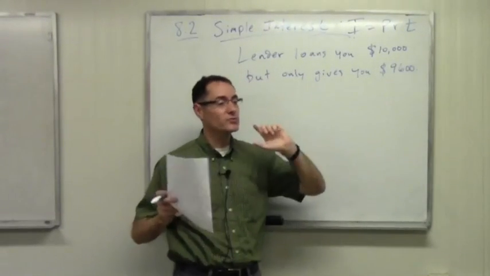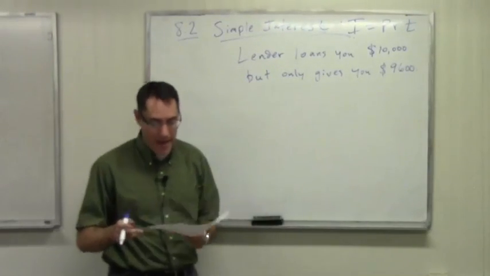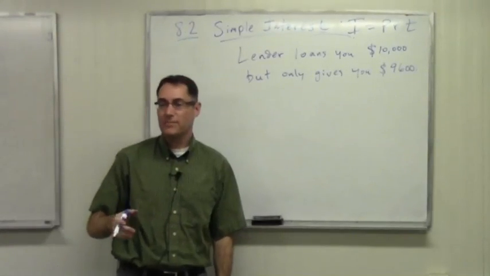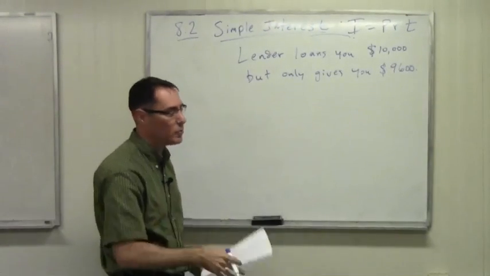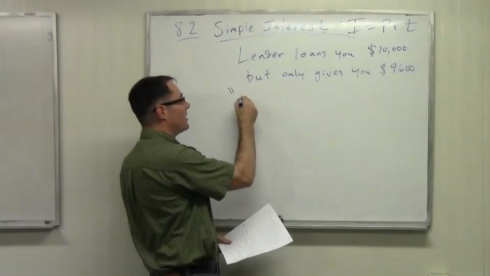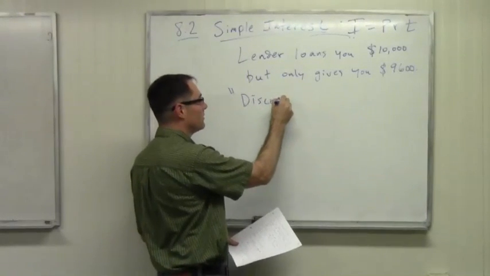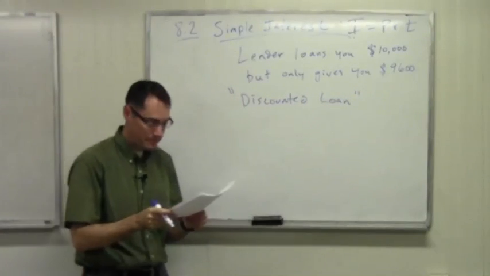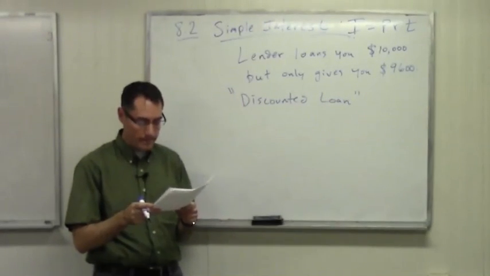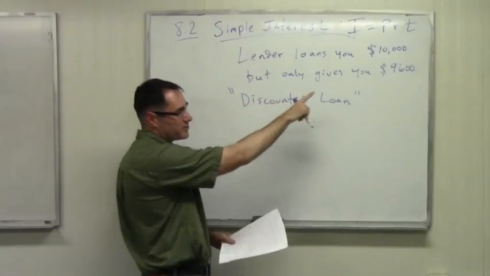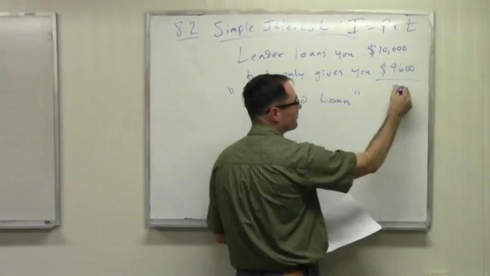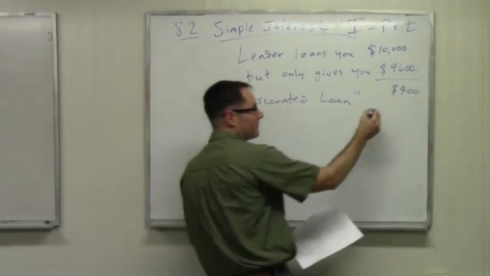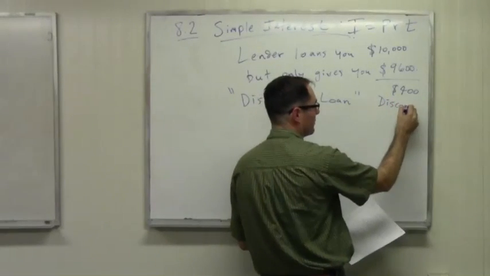That's what we call a discounted loan. When we're doing mortgages, we also call it points. The $400, when you subtract these away that you pay, that's called the discount. This is a $400 discount.